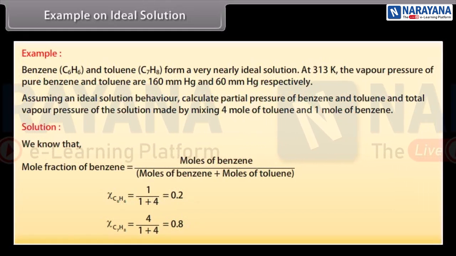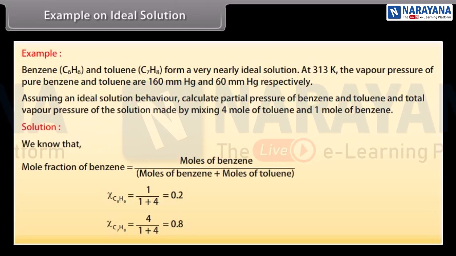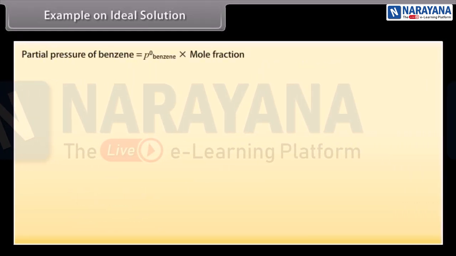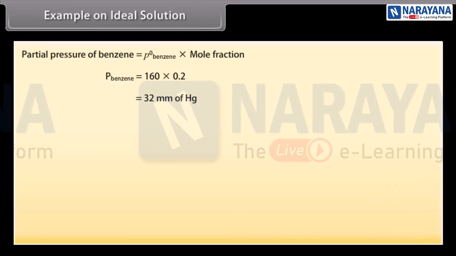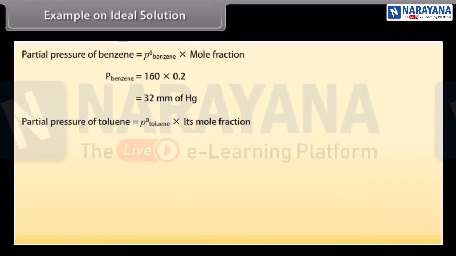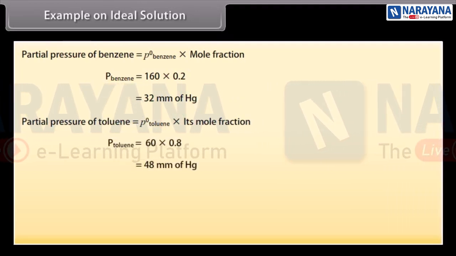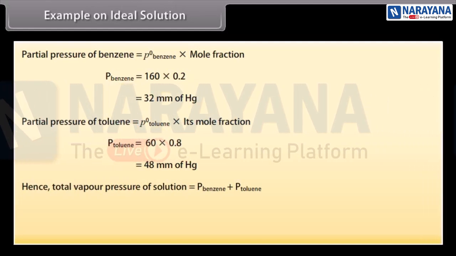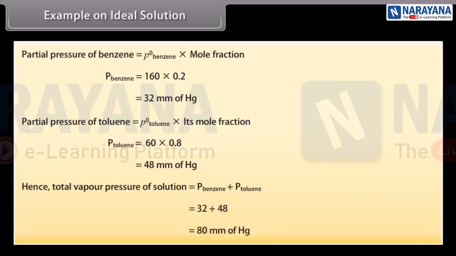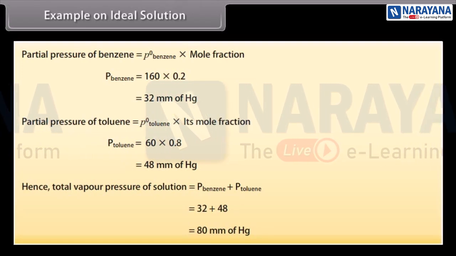Now, we calculate the partial pressure and we get partial pressure of benzene is equal to 32 mm of mercury. Similarly, partial pressure of toluene is equal to 48 mm of mercury. Hence, total vapor pressure of solution is equal to 80 mm of mercury.